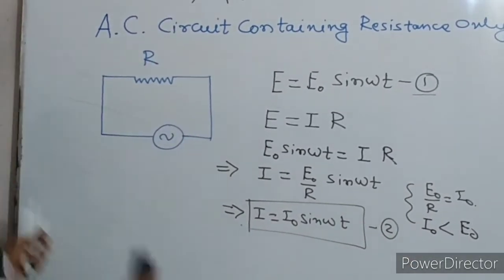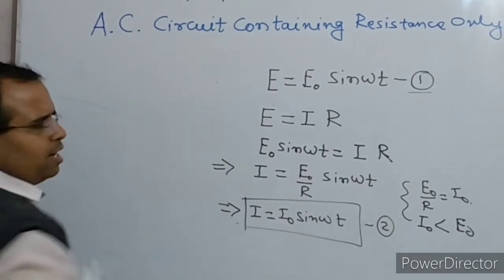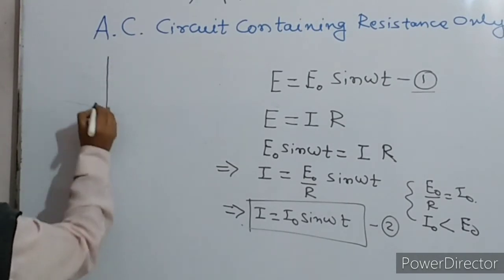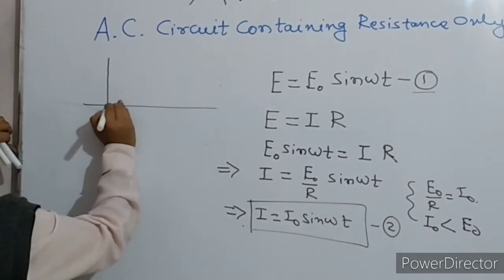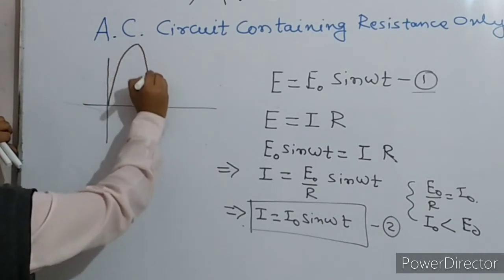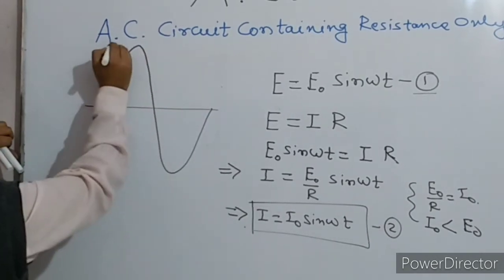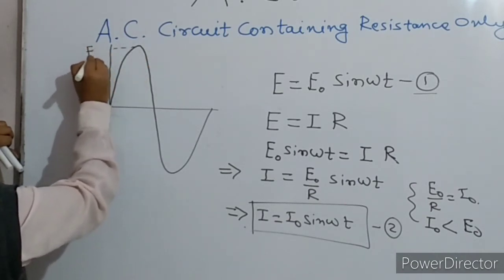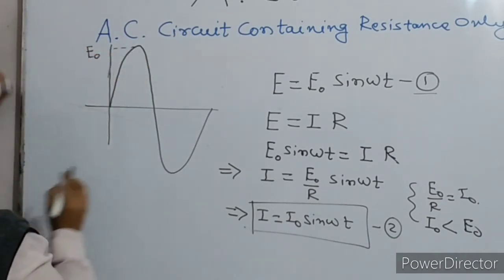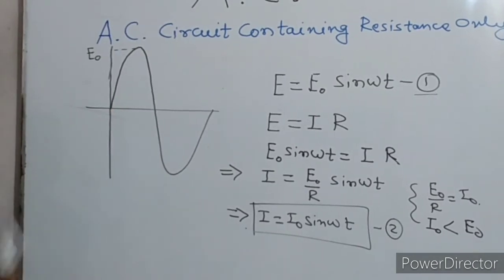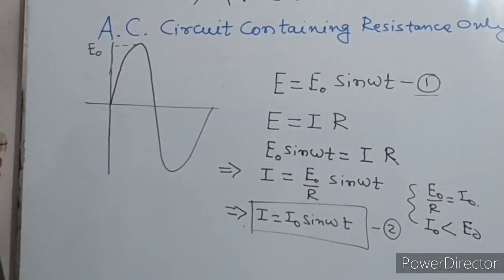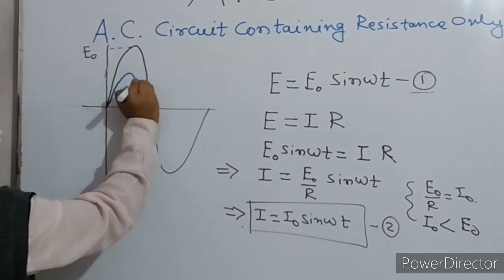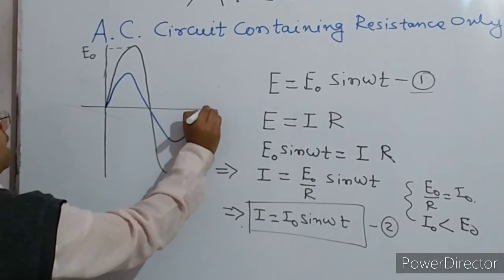So if we plot the graphs of current and EMF, they would look like this. EMF, because its peak value is higher, we can plot like this, and this is the peak value, that is E naught. If we plot the current, the variation would be similar, only the peak value would be somewhat lesser.